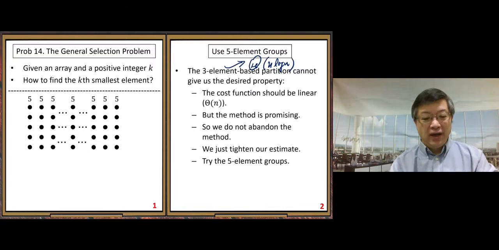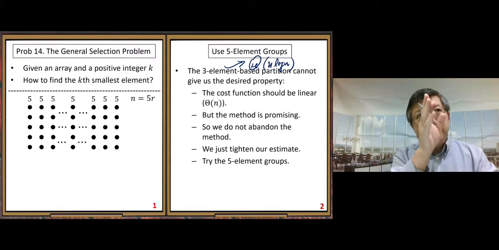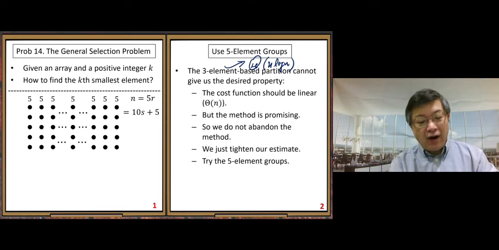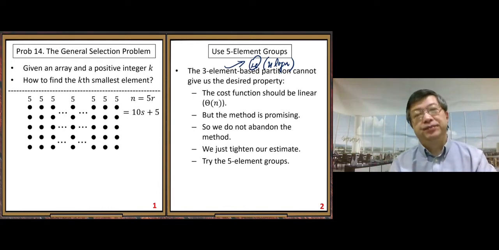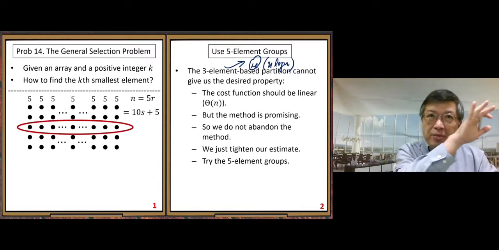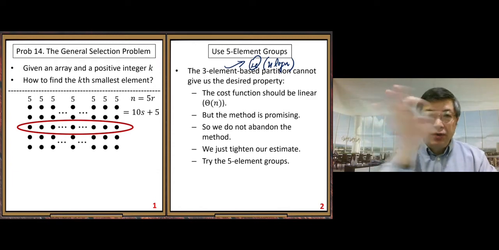Still, we use a convenient size number for n: 5r, where r is an odd number 2s plus 1, so n equals 10s plus 5. As before, we find all the medians of these groups.